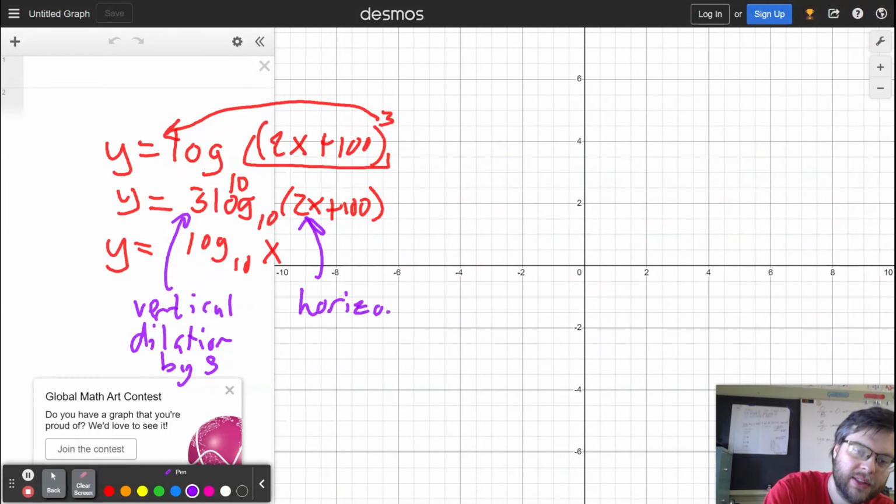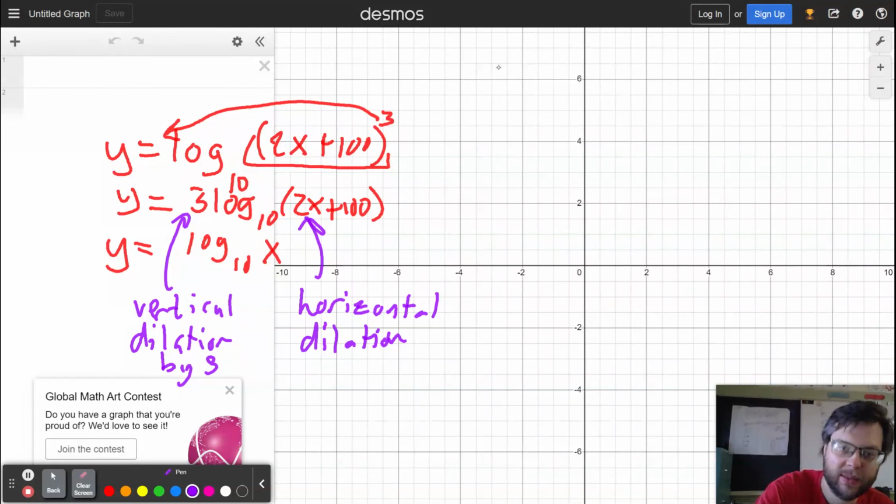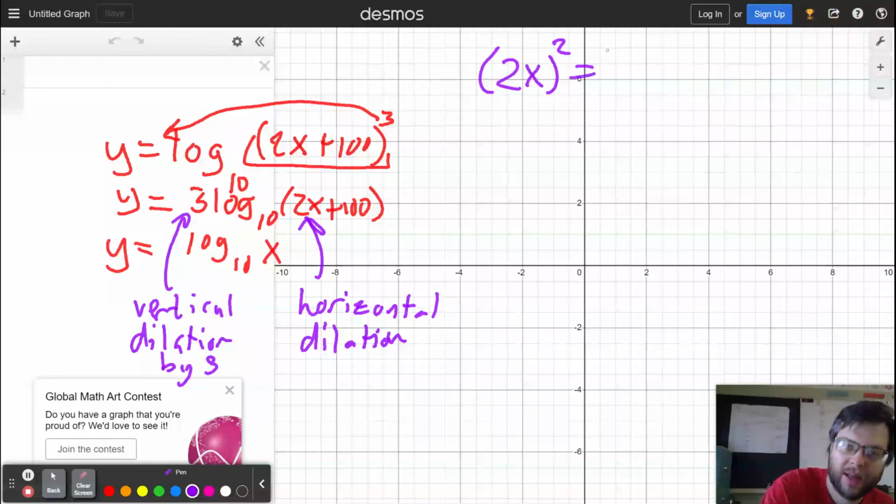One way to think about that is that multiplying makes your outputs larger. And there's sort of two things that happen when you make your outputs larger. Your graph gets taller, but your graph also appears to get skinnier. You can see this very readily if you look at an example like 2x squared, that becomes 2 squared, 4x squared.